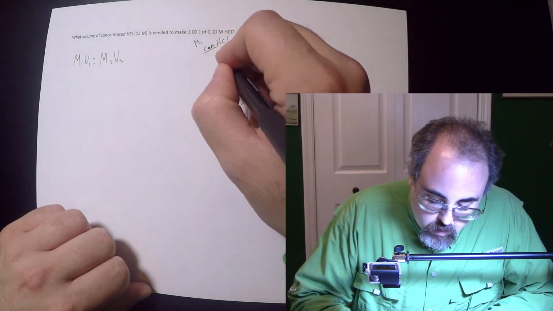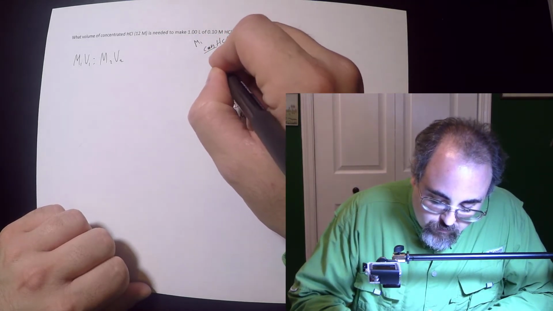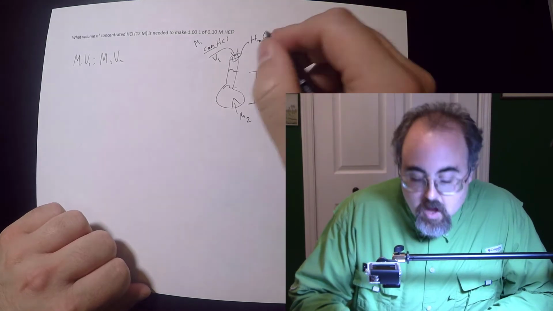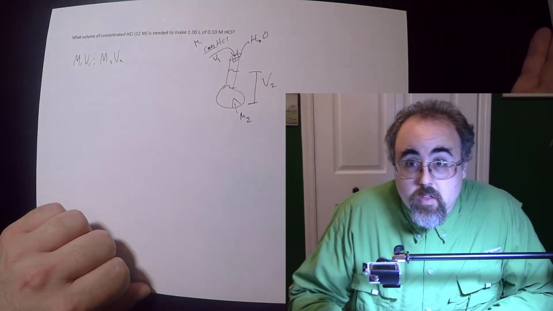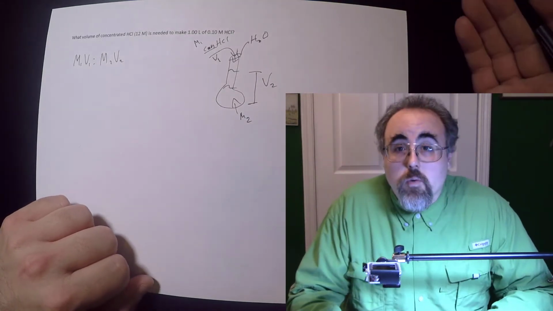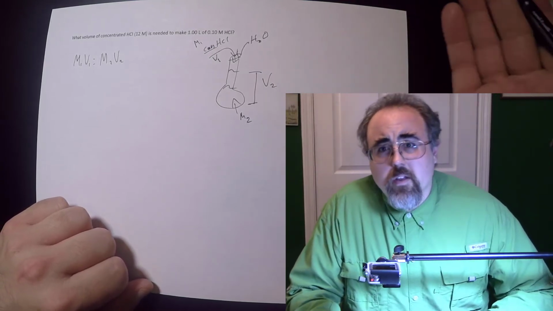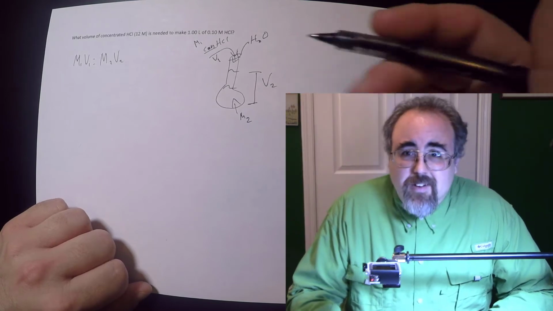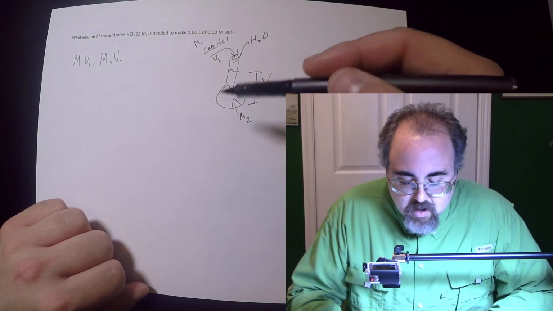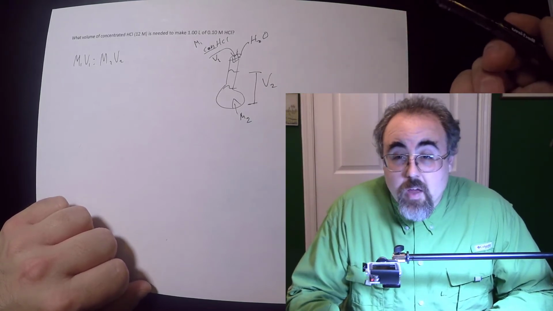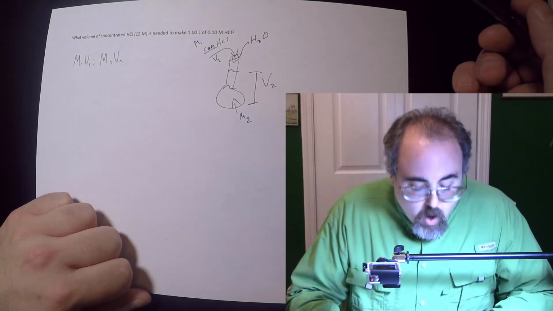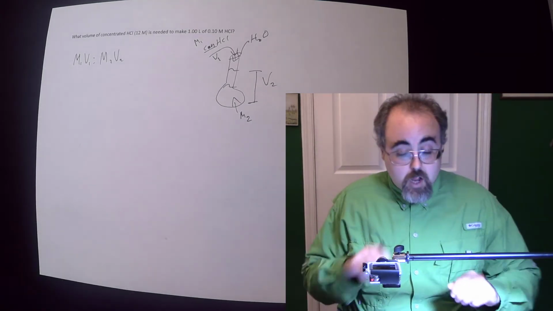And the volume that's transferring in is V1. Notice how the H2O is not part of the equation. The volume of water we're using to dilute it doesn't matter. And of course, you can do this if you don't have water. This is the particular case study, but I can dilute any random thing with any random solvent. So basically, I'm just going to plug and chug.